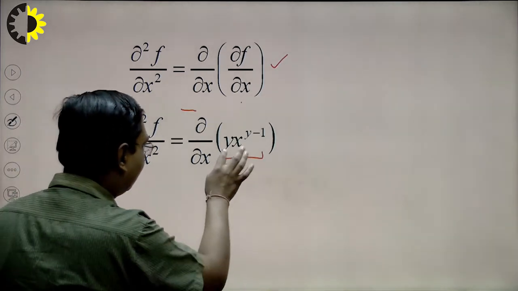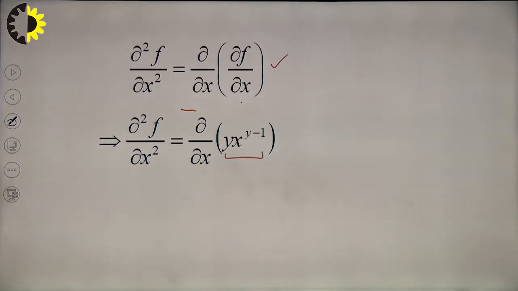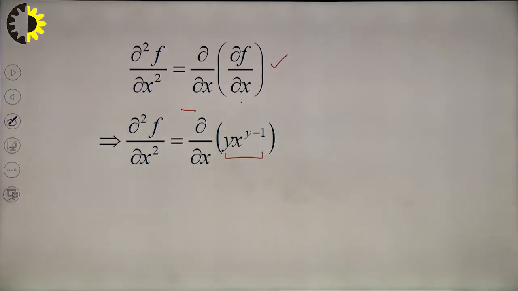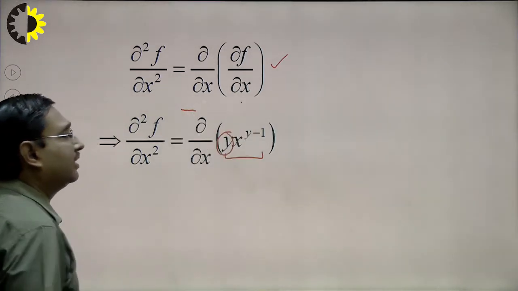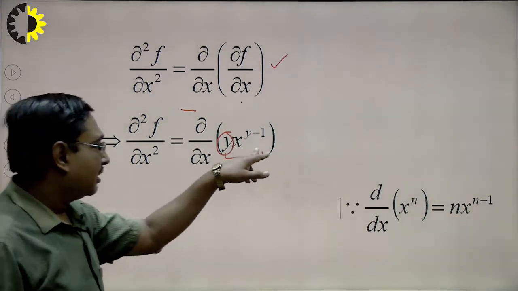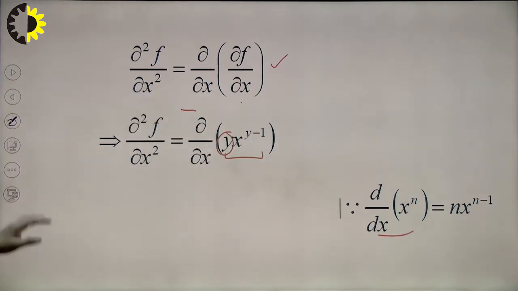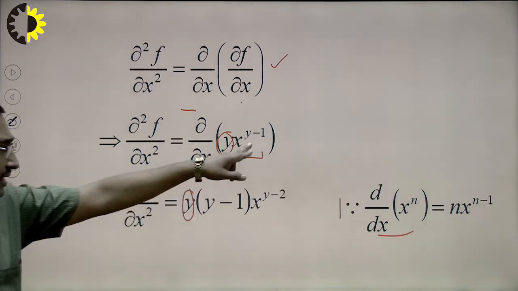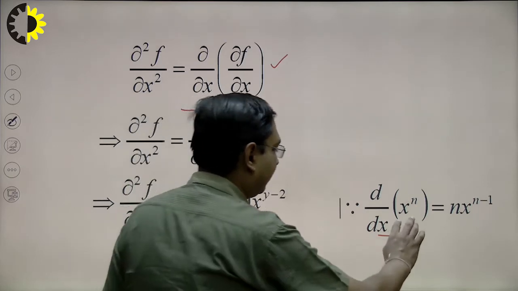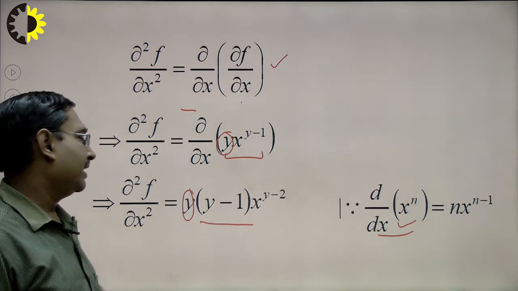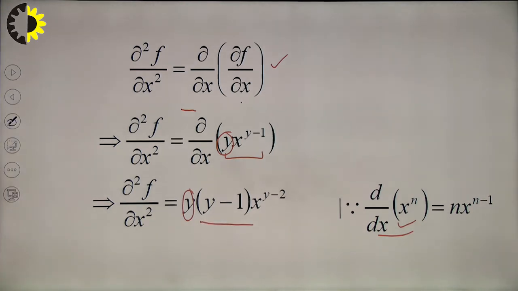Now this term is to be differentiated partially with respect to x, so this y will be treated as constant and can be written outside, and the remaining term can be differentiated again using this formula. This y comes outside. X raised to the power y minus 1 can be again differentiated using d by dx of x raised to the power n, and it becomes y minus 1 x raised to the power y minus 2, which is the value of del 2f over del x square.